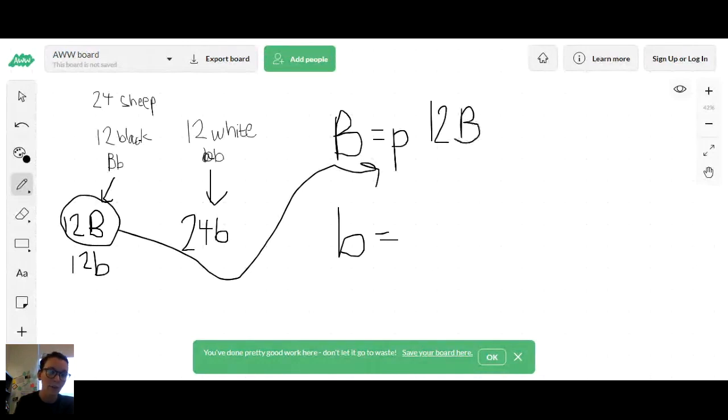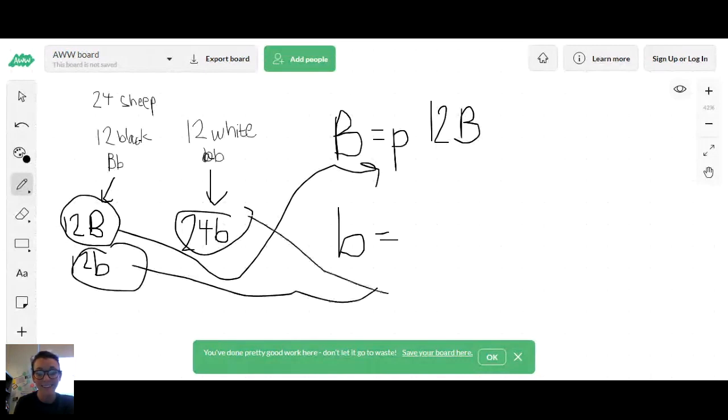And my 24 plus 12 little b's will give us 36 little b's, which make up the entirety of our population. So if I wanted to change this into a frequency, which is what P and Q are equal to, I need to take the 12 big B's that we have over the total amount of alleles for our population.